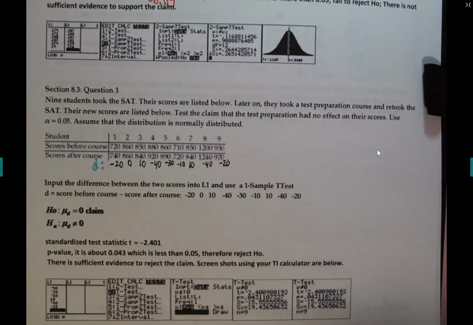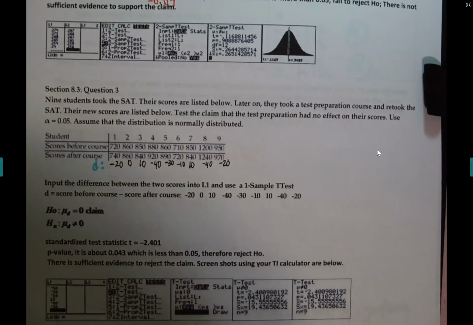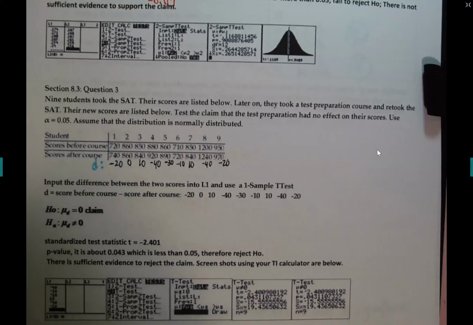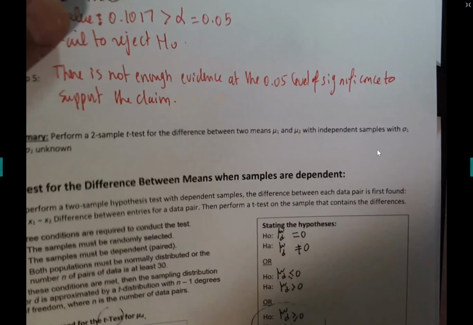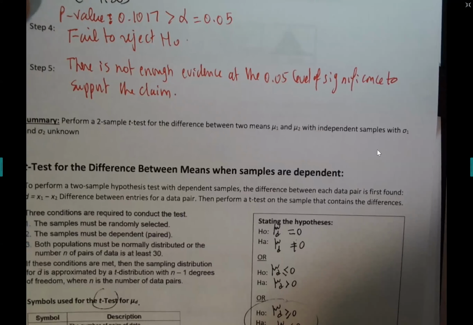If I show you guys the three scenarios, we need to select one of them. What do you think it is? We're saying that the test preparation did not make any difference.